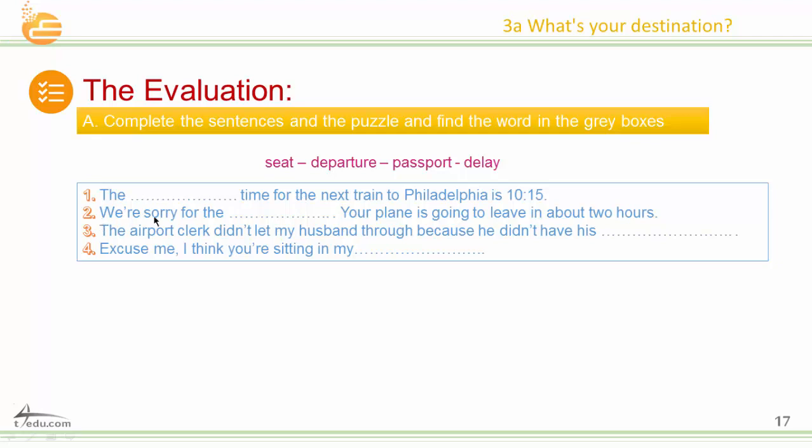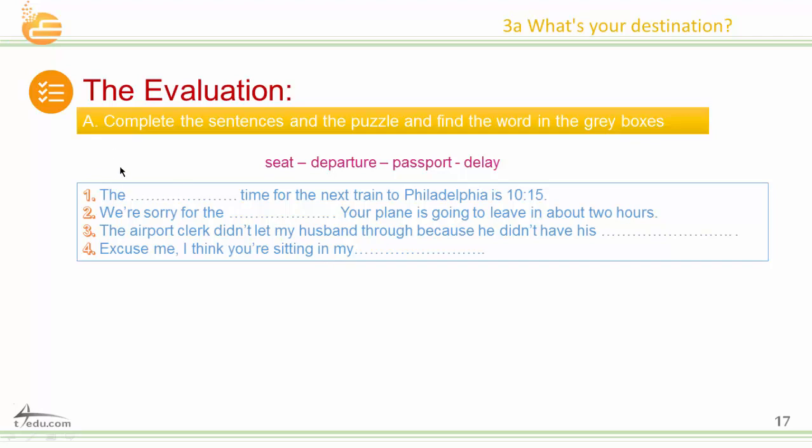Number 2, we are sorry for the, your plane is going to leave in about 2 hours. 3. The airport clerk did not let my husband through because he didn't have his. 4. Excuse me. I think you are sitting in my.